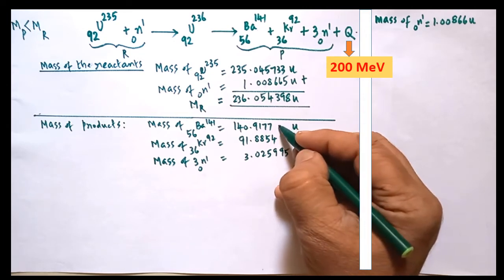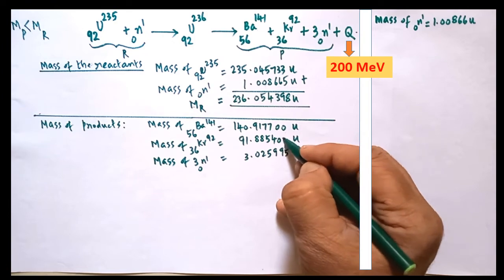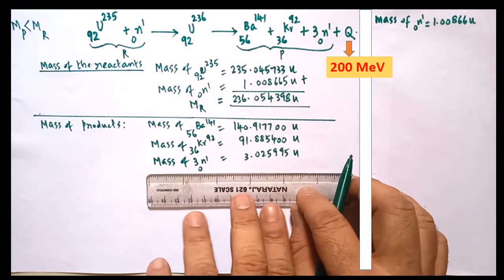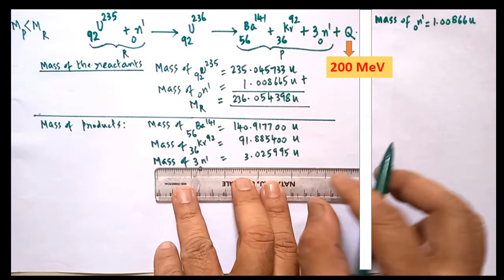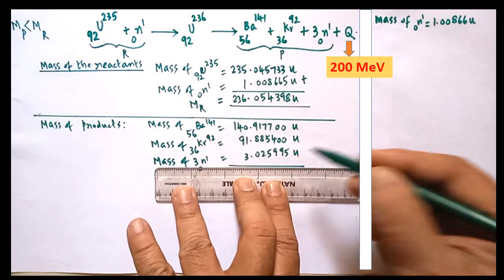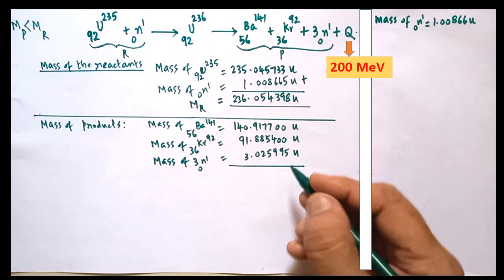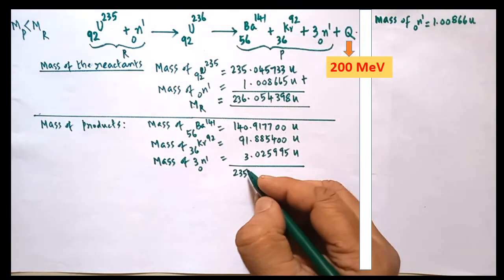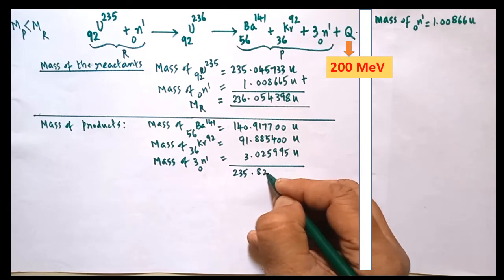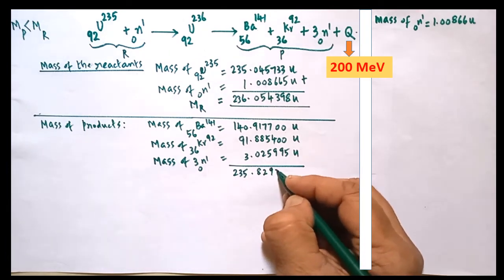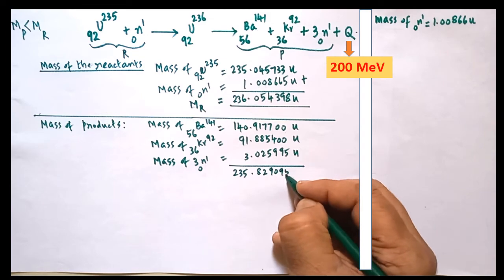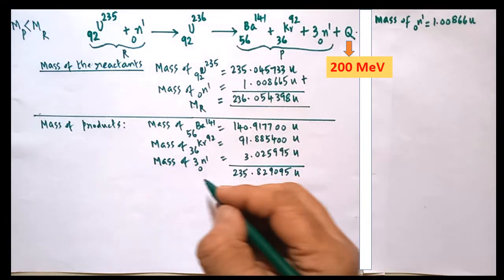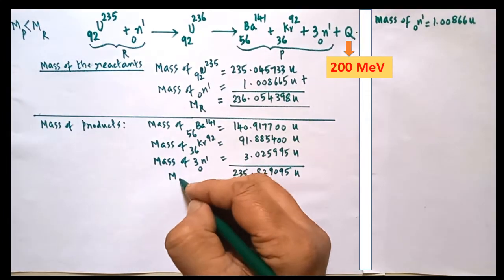For addition purposes, I will write an extra 0 here. Now all the products and their respective masses are written. Now your duty is to add everything. After adding, you will get 235.829095 atomic mass unit. This is nothing but the mass of the products.